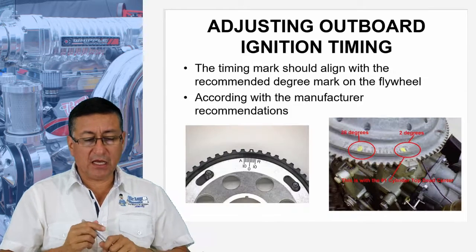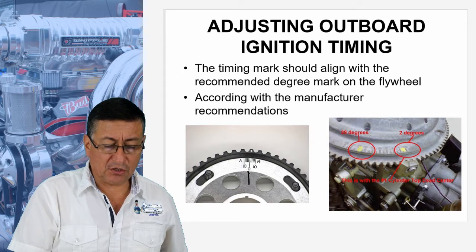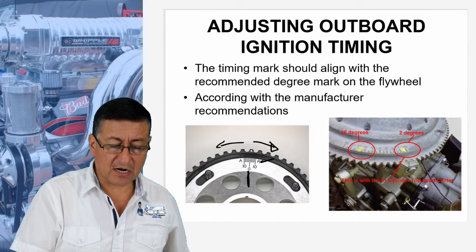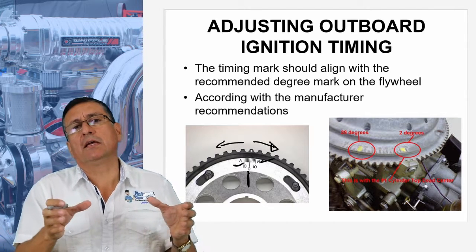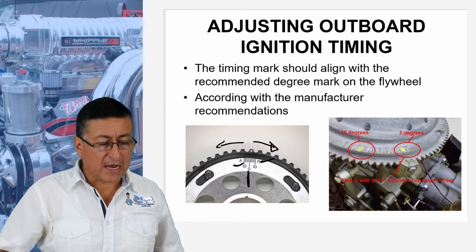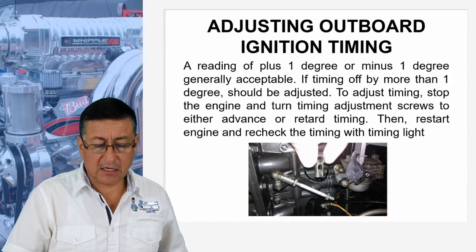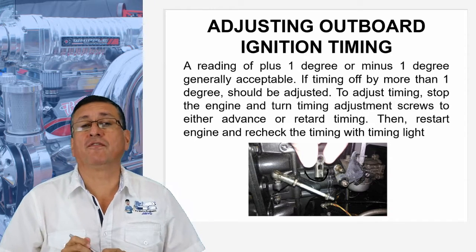Normally you have the marks on the flywheel, and this is the 0 position, and you have a retard and you have an advance. You calibrate the position of the flywheel according with the mark located on the side of the block in front of the flywheel.